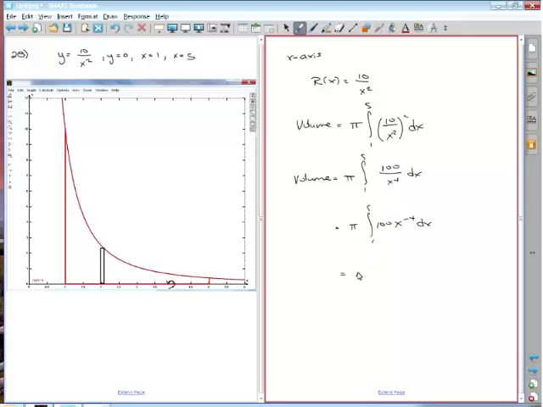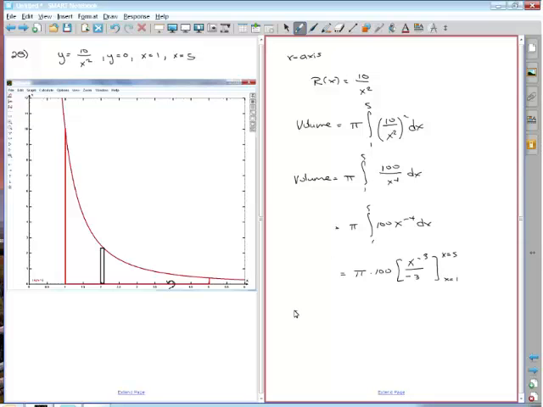Okay, so we integrate pi times 100, and the integral of this is going to be x to the minus 3 over minus 3. So we're integrating, so we add 1 to the exponent and divide by the new exponent. And we integrate between x equals 1 and x equals 5. So it's one of these cases where the lower limit is not 0.